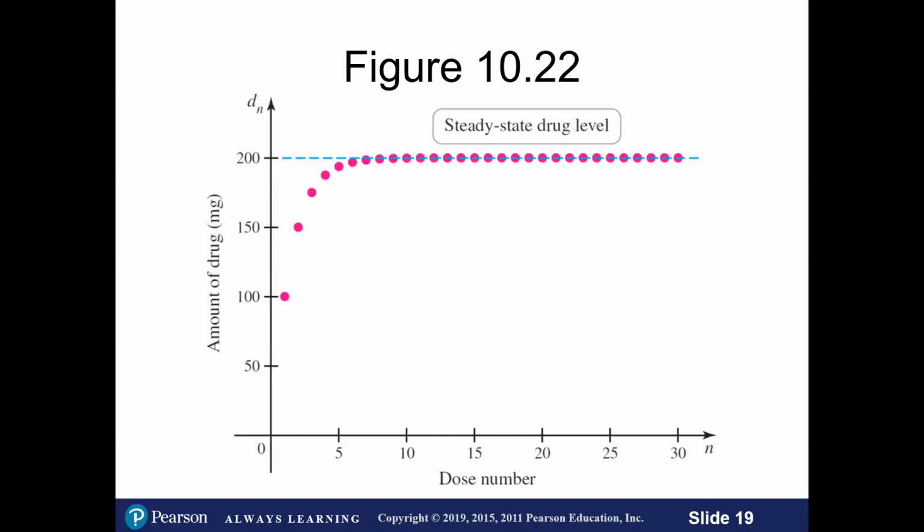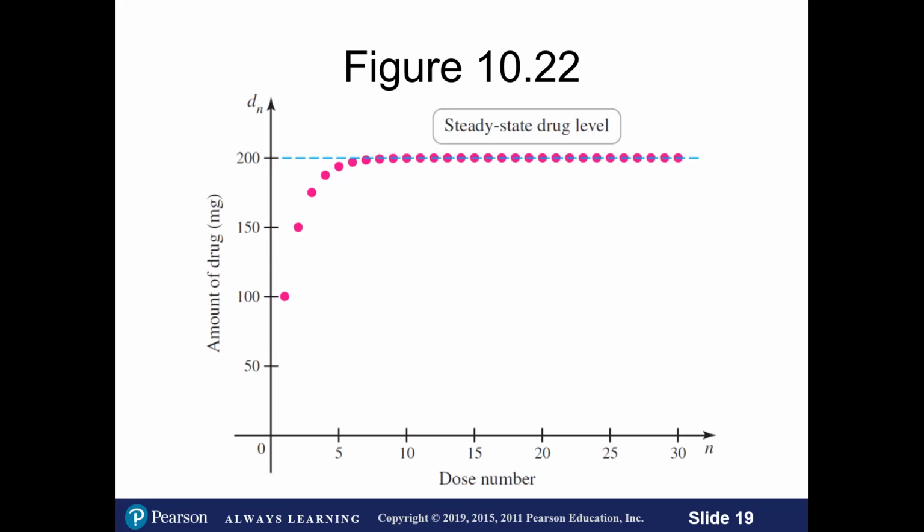So it appears that after 10 doses, which is 5 days, the amount of antibiotic in your blood is close to 200 milligrams, and importantly, it never exceeds that. So in other words, it's not building up higher and higher at ever increasing levels, or the antibiotic would kill you. You're absorbing it at a certain rate, and so it seems to have a steady state.